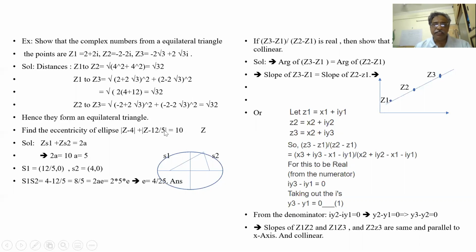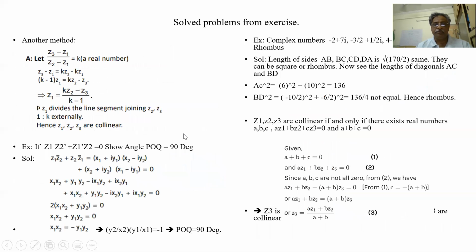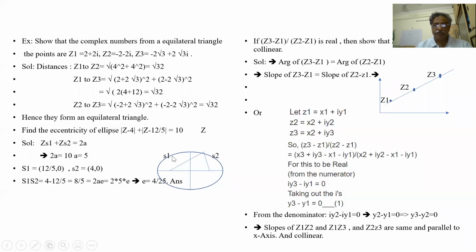Let us find what is the eccentricity of this ellipse. This is in the form of mod of z minus s1 plus mod of z minus s2 is equal to 10. That means what? r1 plus r2 is equal to 10, that means 2a is equal to 10.